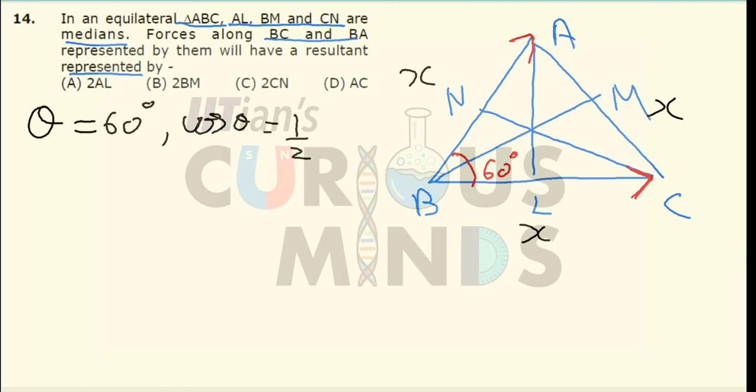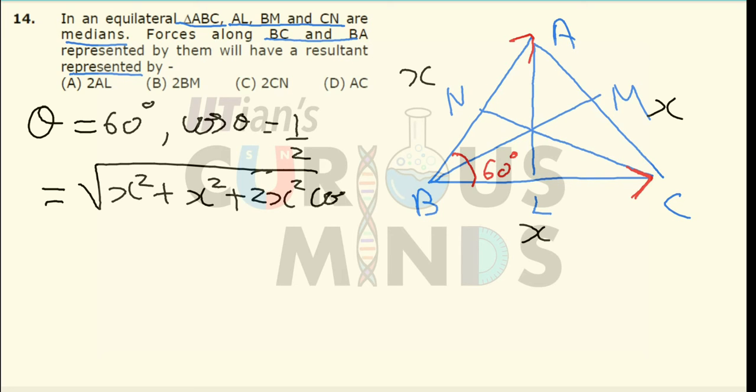So the resultant of BA and BC will be equal to root of x square plus x square plus 2x square cos theta. I have used this formula for the resultant of BA vector plus BC vector.